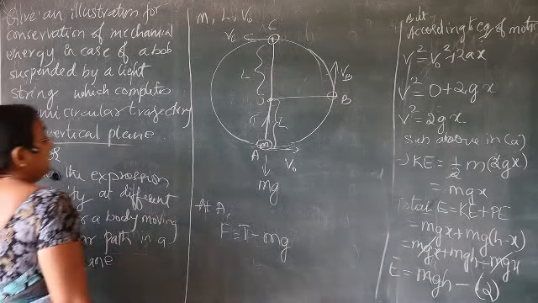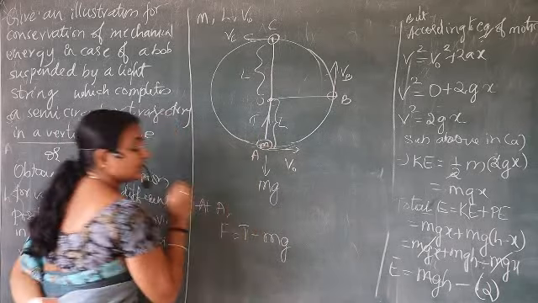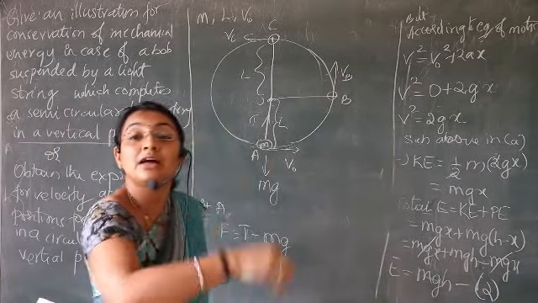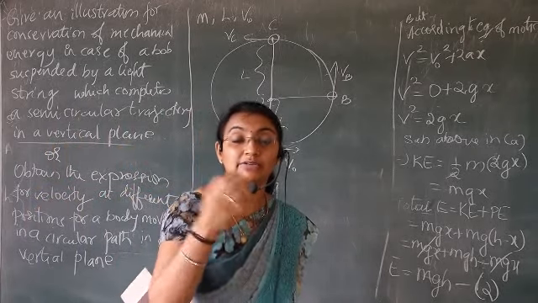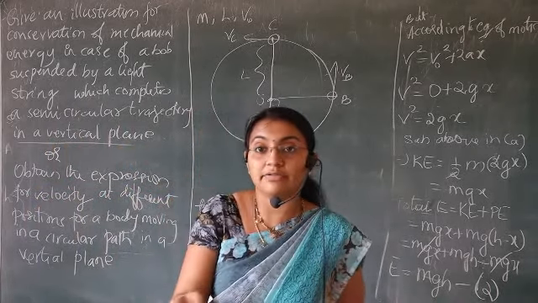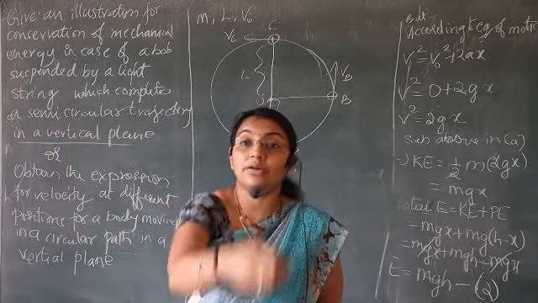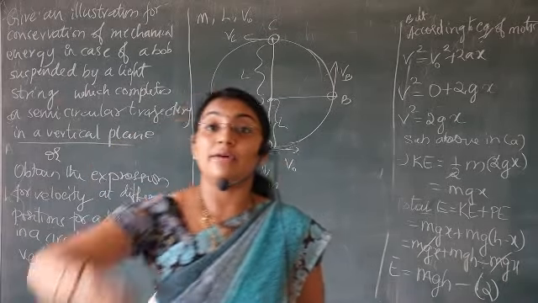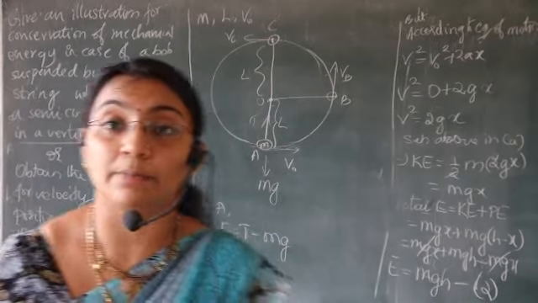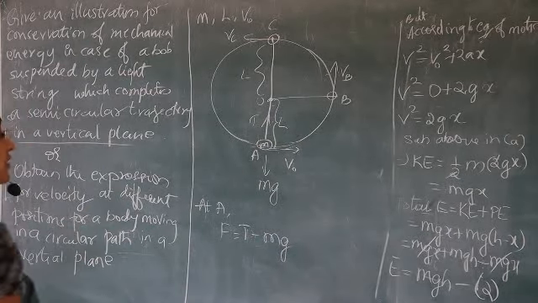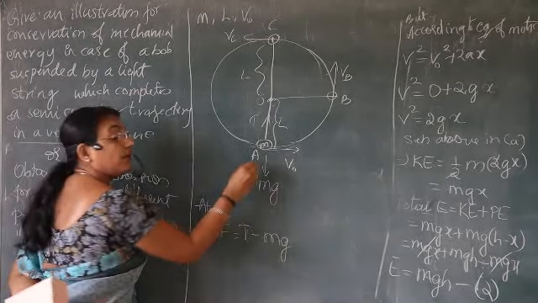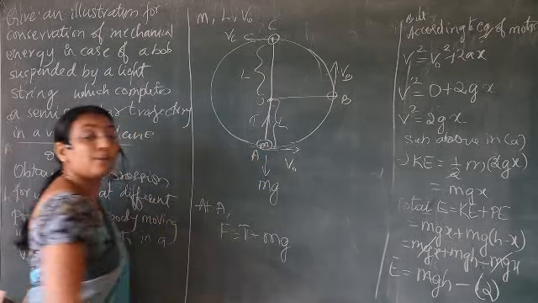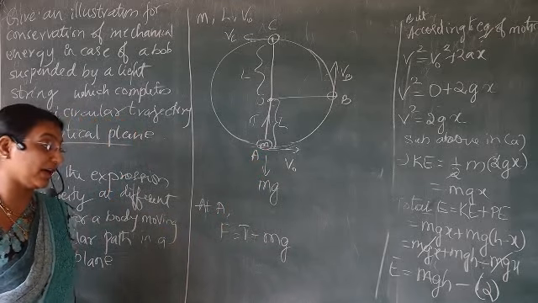Now look here, what force will make the body move in a circular path? When you give the oscillation or a rotation like this, it will move in a circular path. When a body is moving in a circular path, the force acting on the body is centripetal force. So this force provides the necessary centripetal force.